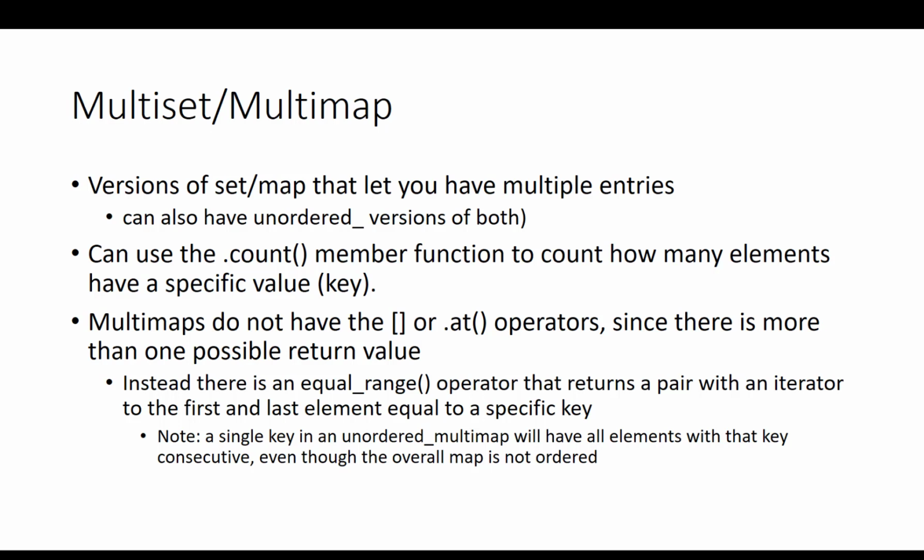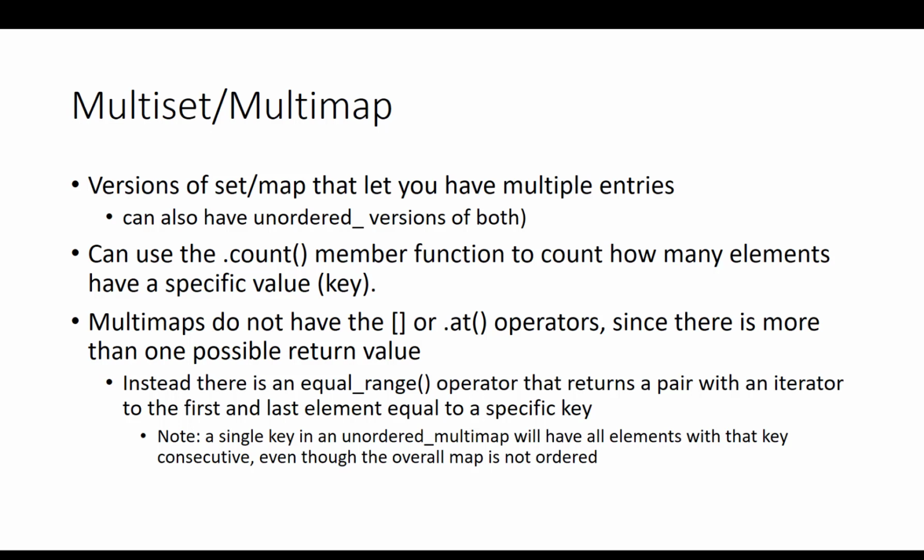The problem with all of these is you don't have the bracket or the at operators, because there's not just a single value anymore. So you can't just ask what is the value for this particular key, because there could be lots of values. Instead there's an operator called equal range, and that's going to give you a pair of iterators that you can use to go through, and it'll tell you all the things that match that particular key.